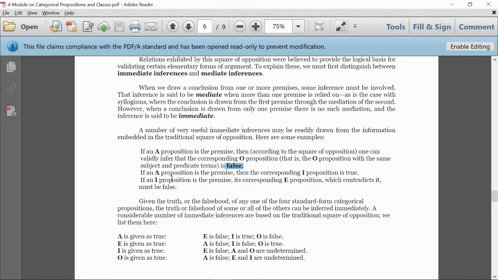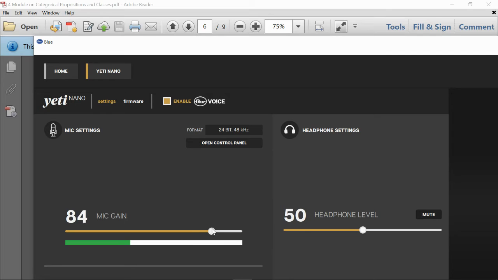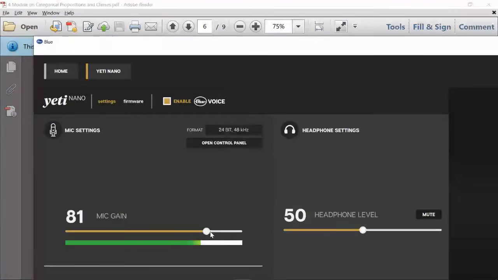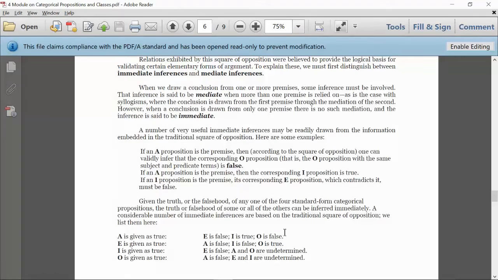If an A proposition is the premise, then the corresponding I proposition is true, that some S are P. Its corresponding E proposition, which contradicts it, must be false. When you say some S are P, definitely you would not say that no S is P.